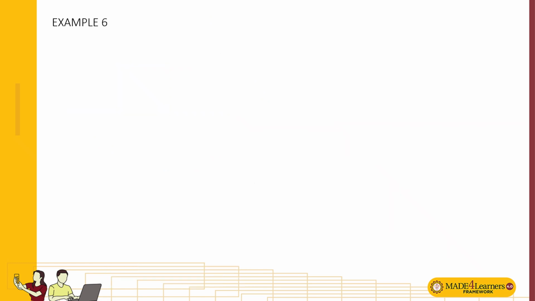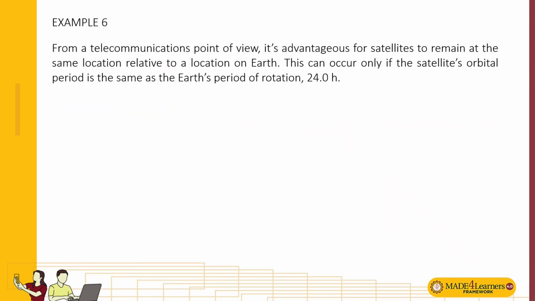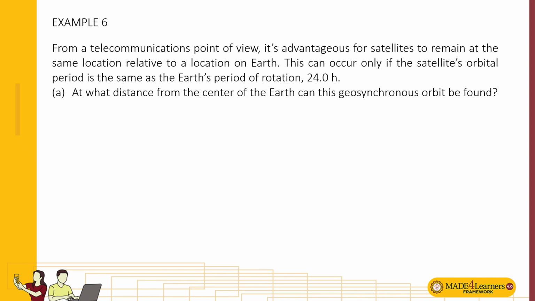From a telecommunications point of view, it's advantageous for satellites to remain at the same location relative to a location on Earth. This can occur only if the satellite's orbital period is the same as the Earth's period of rotation, which is 24 hours. At what distance from the center of the Earth can this geosynchronous orbit be found?